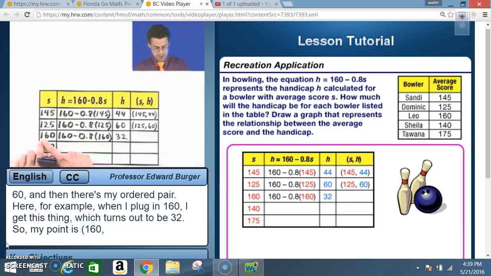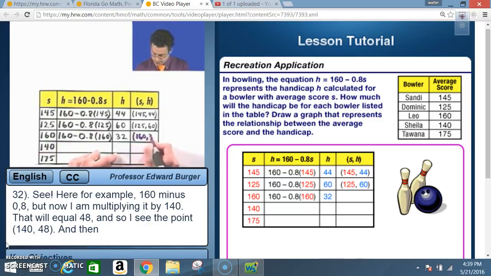Here, for example, when I plug in 160, I get this thing, which turns out to be 32, and so my point is 160, comma 32. Here, I'd see 160 minus 0.8, but now I'm multiplying it by 140. And so that would equal 48, and so I see the point 140, comma 48.